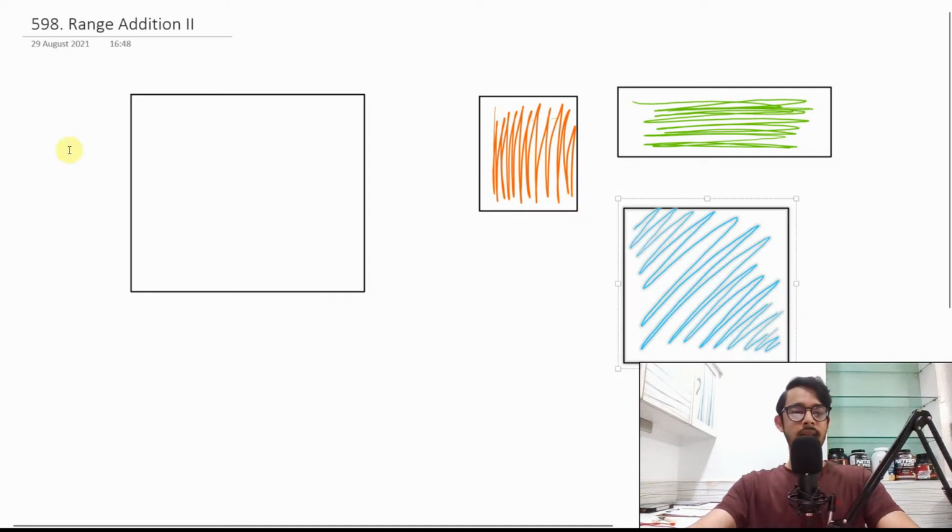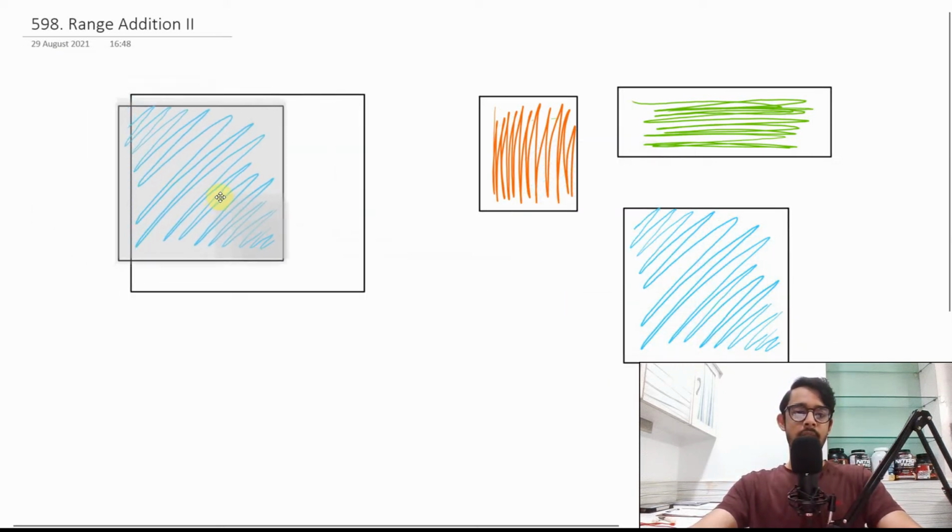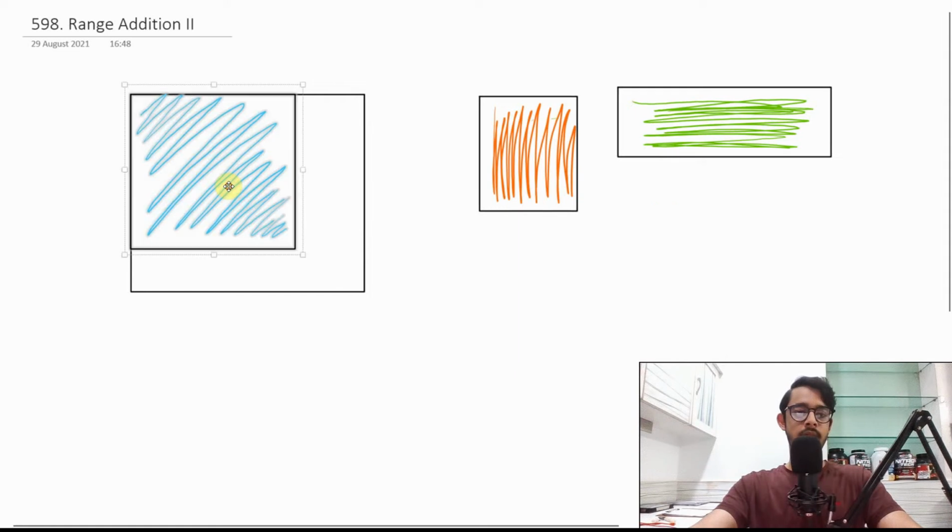First, let's discuss this. This is like a giant 0 by 0 matrix. Could be square, could be rectangle, that does not matter right now. Let's have this as one particular box. The operations will give you the point, this point, and we'll go ahead and increase everything in the blue by 1. That's fine.